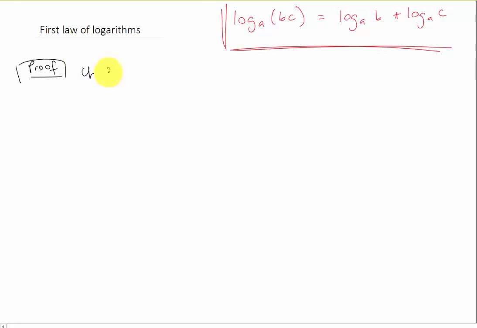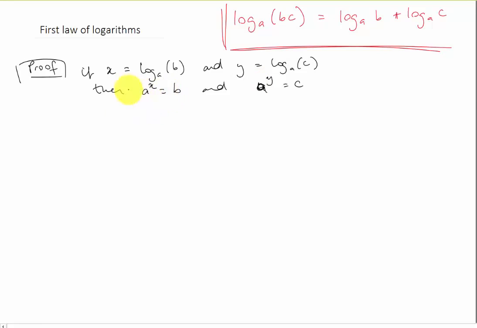If we say that x is equal to log base a of b and y is equal to log base a of c, so that this is all the same base for our logarithms, then we know that a to the power x is equal to b and a to the power y is equal to c, because that's our general equivalency with our logarithms.